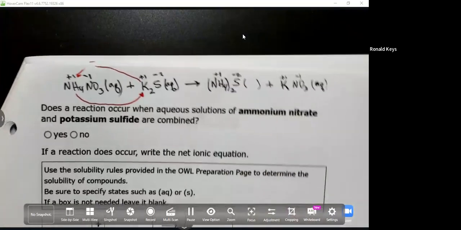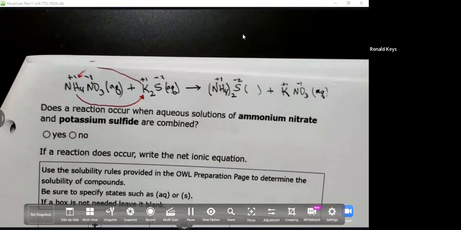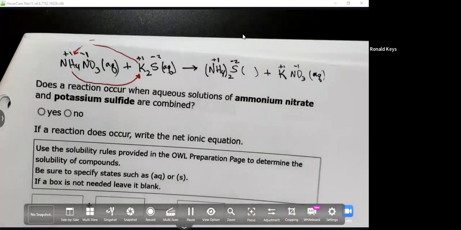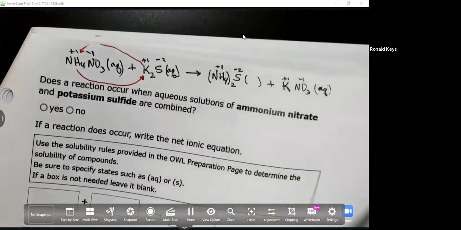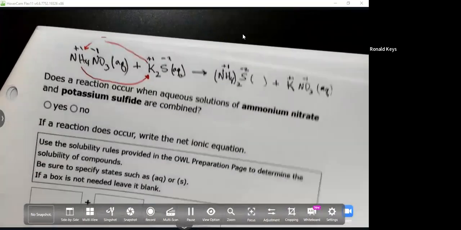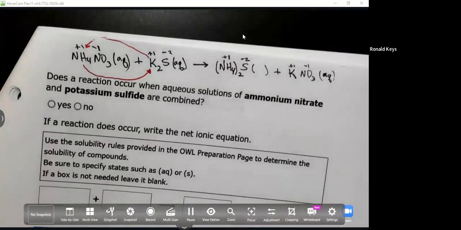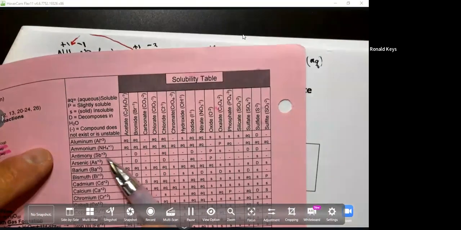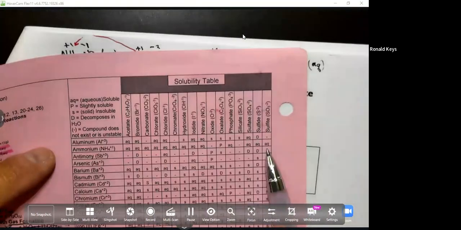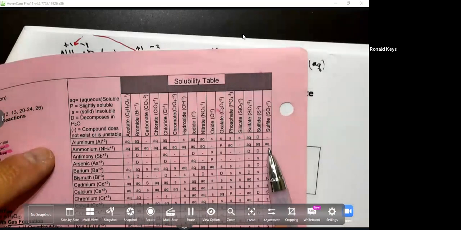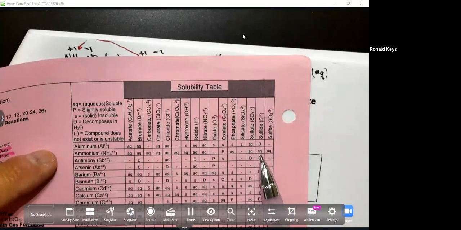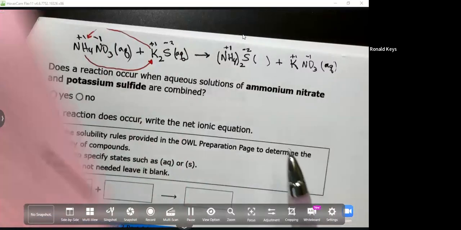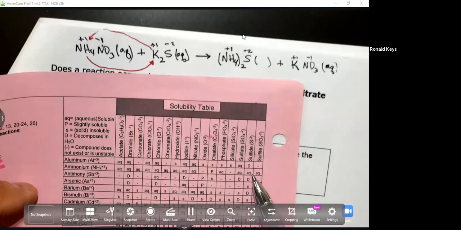So if you look back, we can look at our cheaters grid, but realize the cheaters grid is not going to be on the test, but the same printout from OWL is going to be on there. All right, let's see if I got this. Ammonium sulfide. So mine says that ammonium sulfide is aqueous.